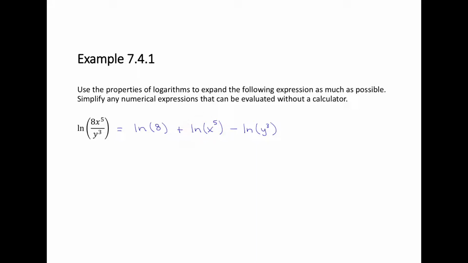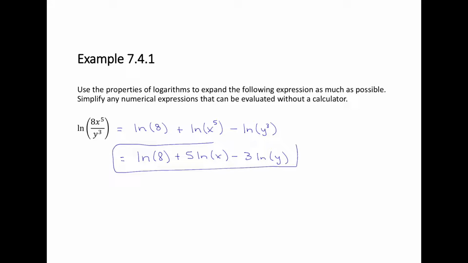We bring those powers down in front, and one more rewrite. We'll have the natural log of 8 plus 5 times the natural log of x minus 3 times the natural log of y. And this is our expanded expression.